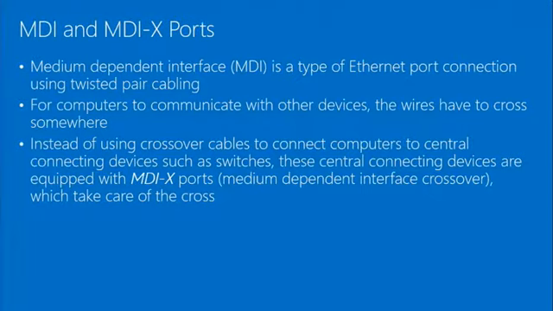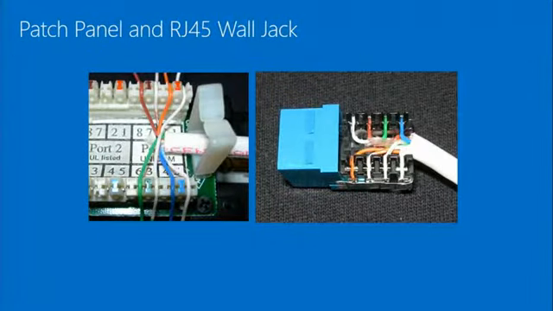So we have ports. We also have patch panel and RJ45 wall jack. So now we're kind of getting into the behind the scenes networking. Your patch panel is typically in your wiring closet, and takes wiring and basically in a one-to-one fashion specifies a specific position on the patch panel to a specific wall jack.